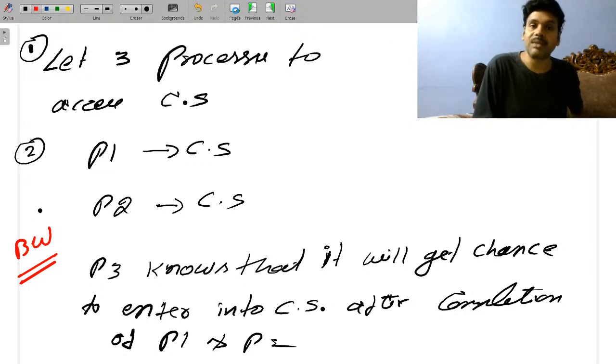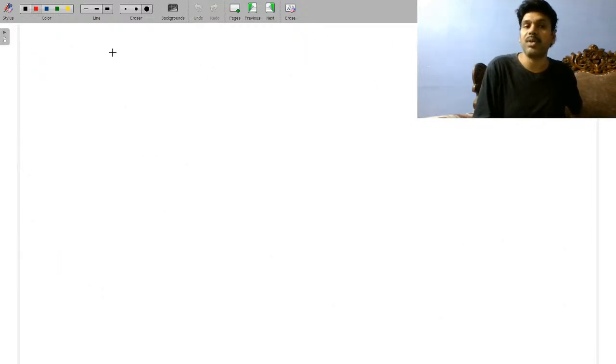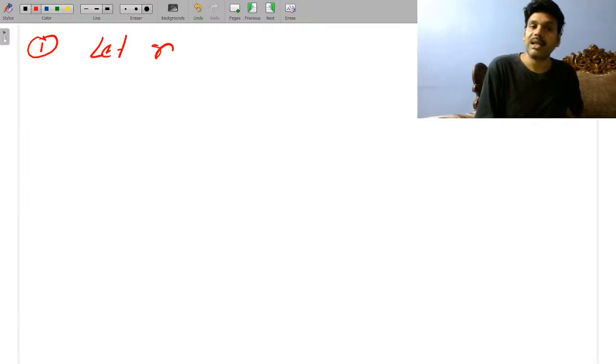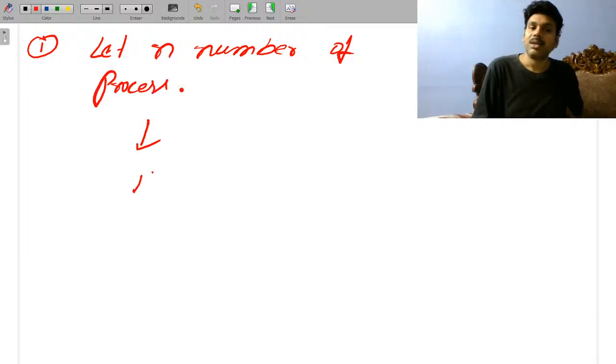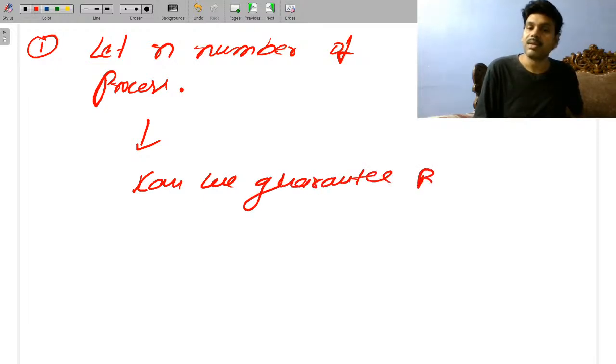This is a very important question, bounded waiting, where people will get confused. Let n be the number of processes. Now, can we guarantee bounded waiting to access the critical section? No, I cannot.